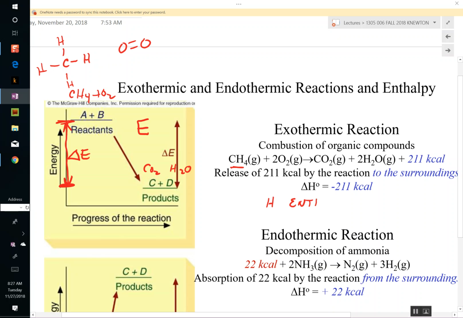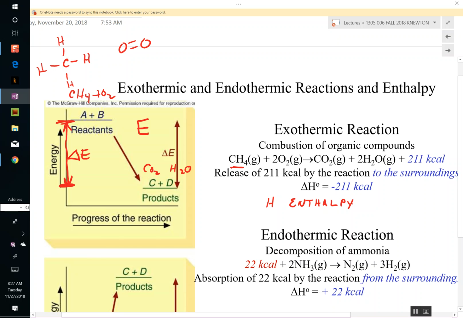This is the term really associated with the heat energy associated with chemical reactions, okay? Enthalpy. So it is energy. It's a particular energy associated with chemical reactions.